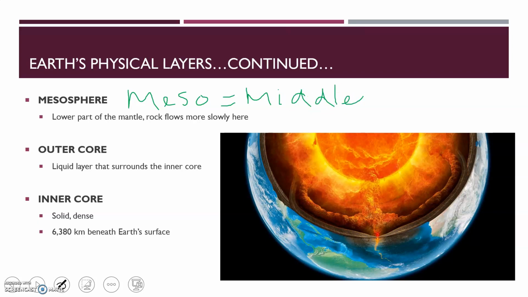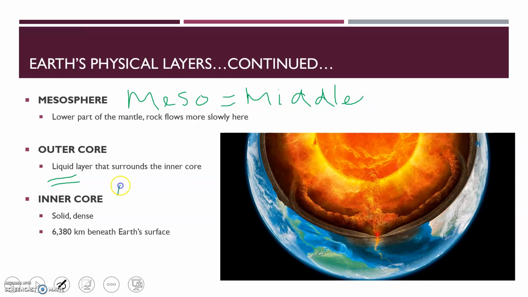The outer core and the inner core. Now, when we were talking about composition layers, we said there were three main ones: crust, mantle, core. But now when we're talking about physical layers, they are divided. And the outer core is liquid. That is very important. And it's going to surround the inner core. I tell students to think of it like a castle. When you have a castle, you often have a moat, and that's the water that surrounds it.